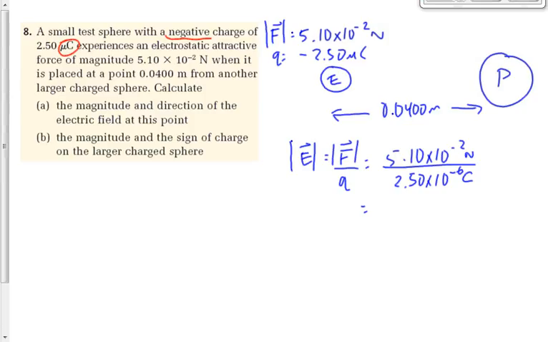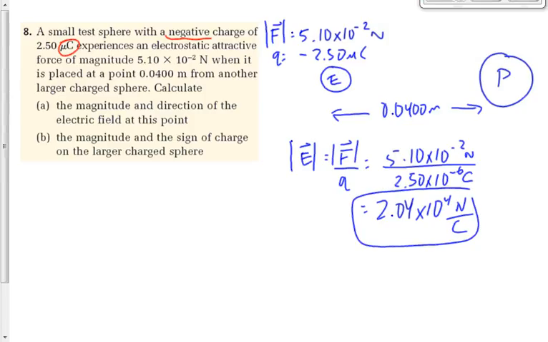5.1 divided by 2.5 is going to be 2.04 times 10 to the 4 newtons per coulomb. Now, what about the direction? Hey, good. We got the magnitude. Great. What about the direction? Here's where we have to look a little bit beyond the mathematics.